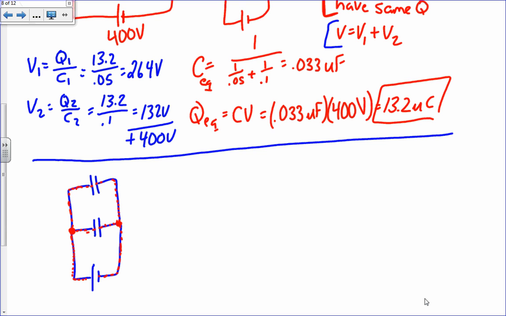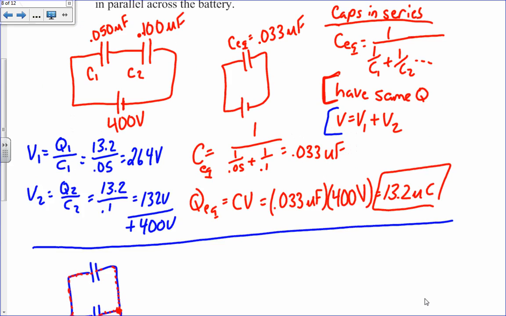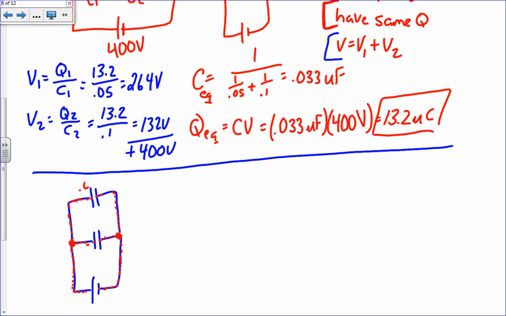Okay, so now I have C1 and C2, 0.05 and 0.1 microfarads, and I want to know the charge on each. This is 400 volts here. Let's go over our rules for capacitors in parallel. First of all, the equivalent capacitance is C1 plus C2 plus however many capacitors there are.